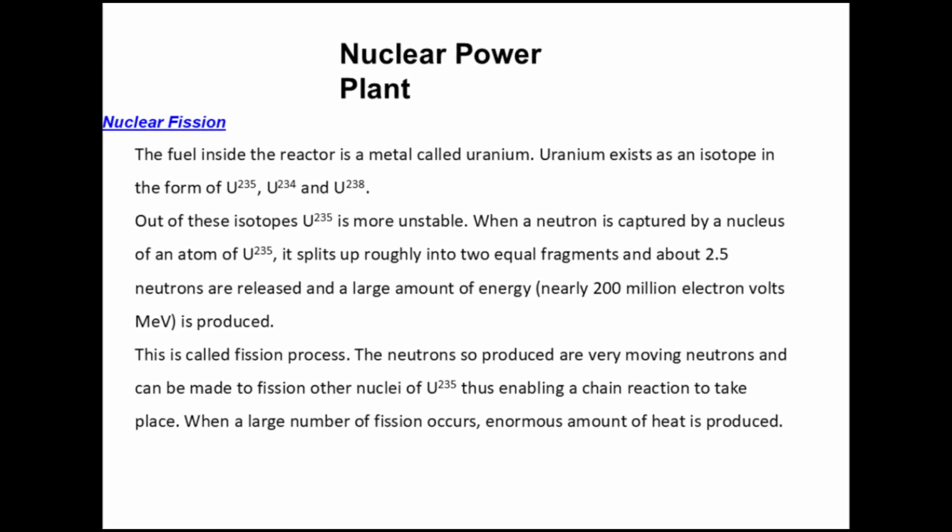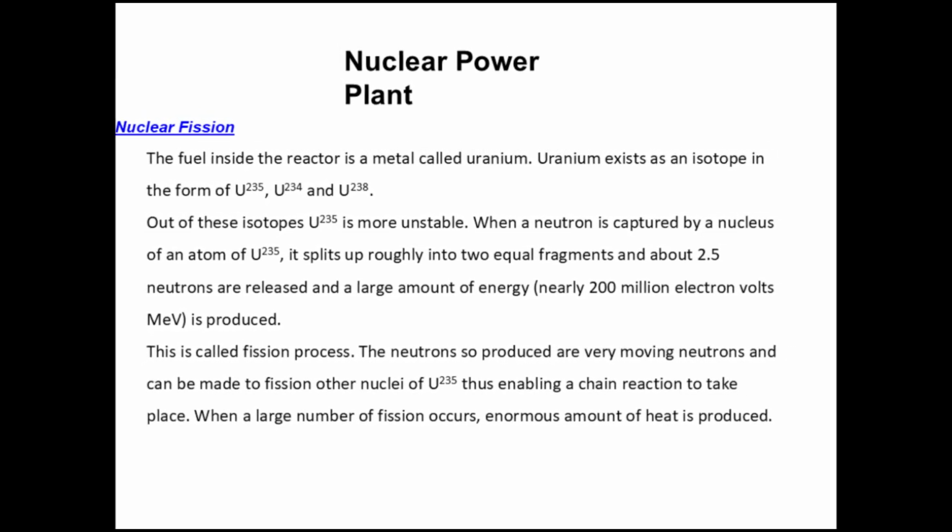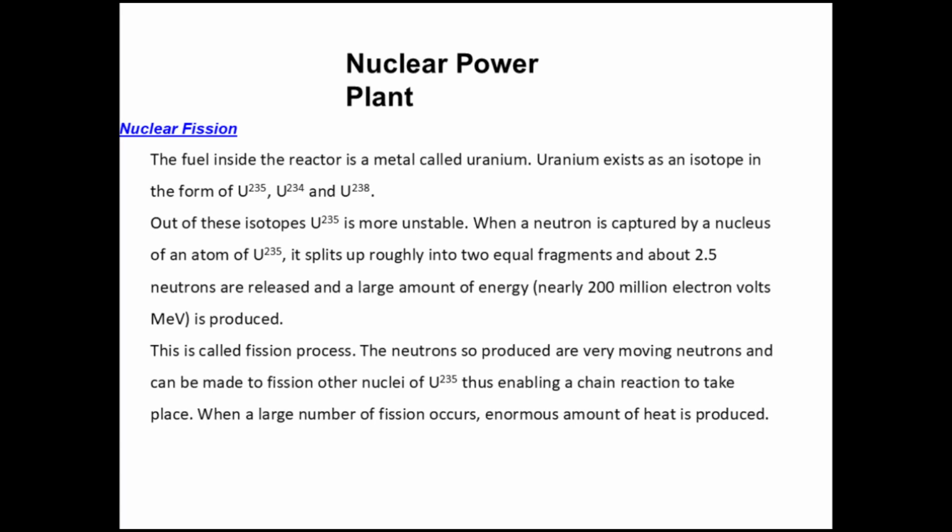Nuclear power plant. Nuclear fission. The fuel inside the reactor is a metal called uranium. Uranium exists as isotopes in the form of uranium 235, uranium 234, and uranium 238. Out of these isotopes, uranium 235 is more unstable.